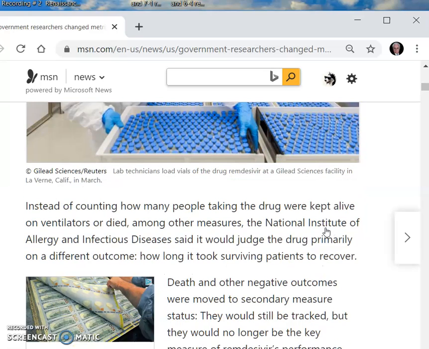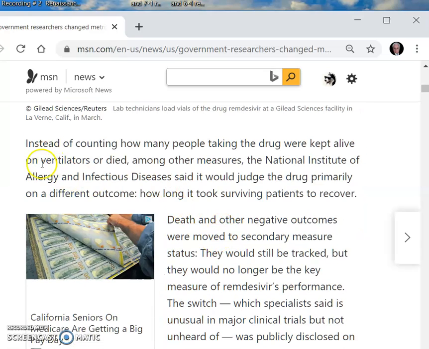Okay, so now here's the distinction. So this illustrates how important it is to be able to clearly articulate what is the random variable that you're dealing with. So it says, instead of counting how many people taking the drug were kept alive on ventilators or died, among other measures, the National Institute said it would judge the drug primarily on a different outcome, how long it took surviving patients to recover.